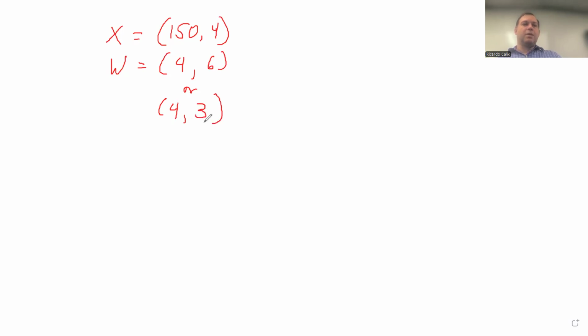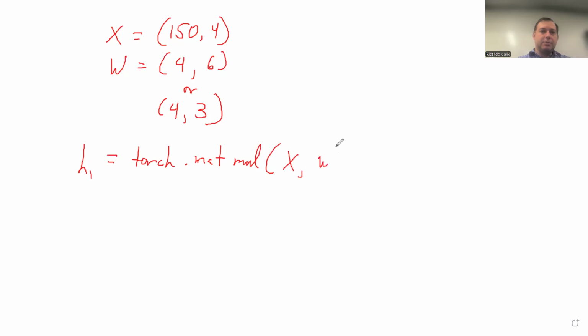So then I did a matrix multiplication. So I did torch.matmul(X, W).